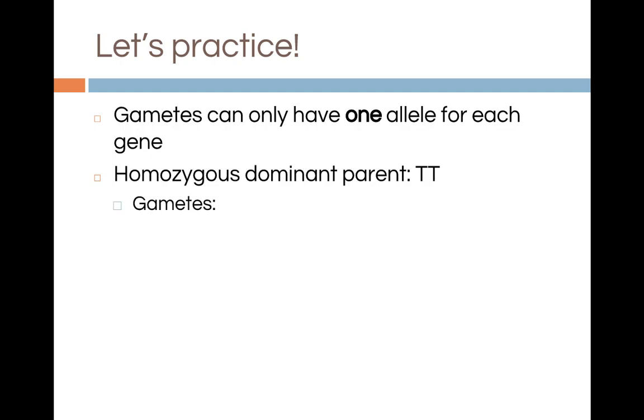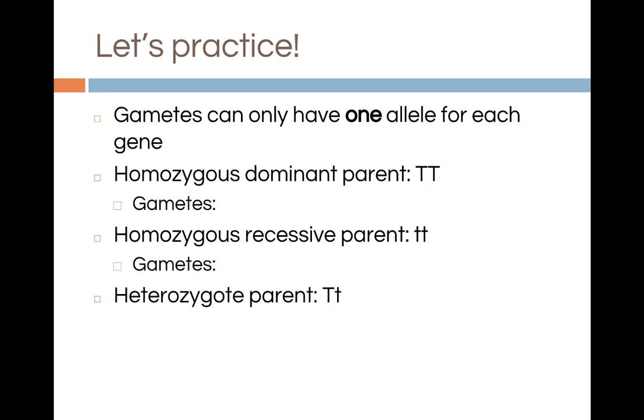So the gametes they can make can only be big T. If I am homozygous dominant, my gametes can only ever have that one trait, because that's literally all that organism has. They only have one version of that gene because they're both the same. So this version and this version are exactly the same for the gene.